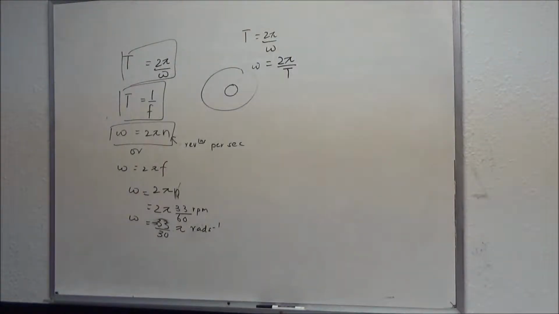Estimate the magnitude of Earth's angular velocity around its axis. So what does 2 pi mean? One circle, one revolution. So what is the time it takes to move one revolution around its axis? 1 day. Do you understand? 1 day.